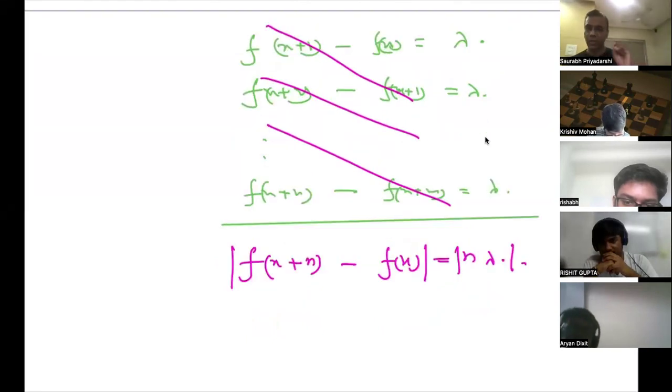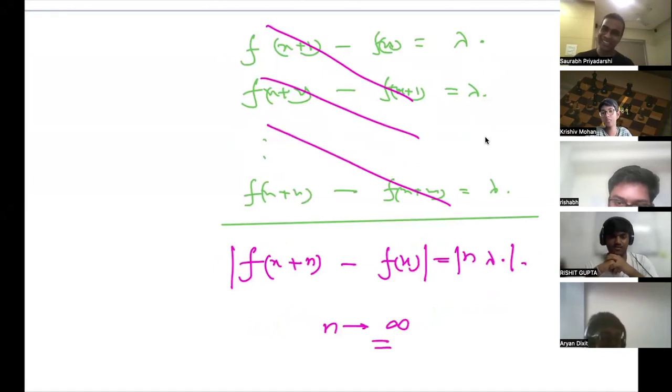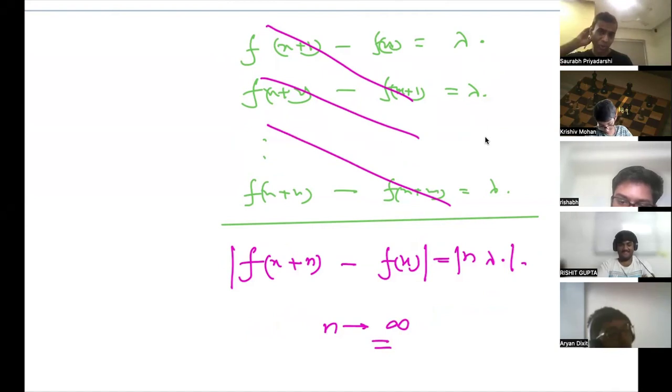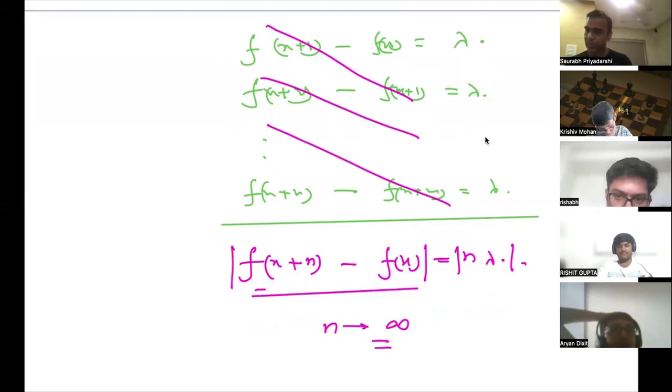Let's suppose n is very, very large and this is going to infinity, right? If this is going to infinity, a very large number. So this term, just a minute.